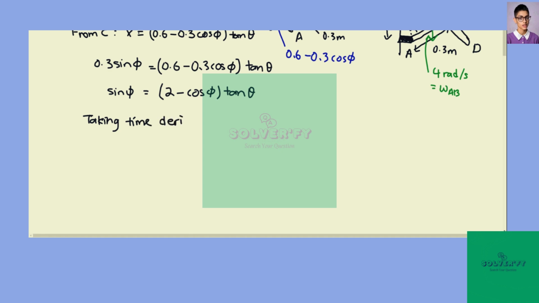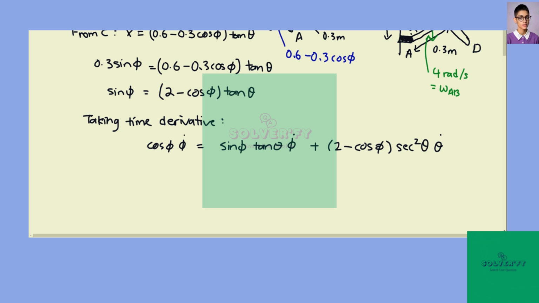Then we take the time derivative. This time we only need to do it once. So we have cosine phi phi dot is equal to, using the product rule, the first term: sine phi tangent theta phi dot, and the second term: 2 minus cosine phi secant squared theta theta dot.